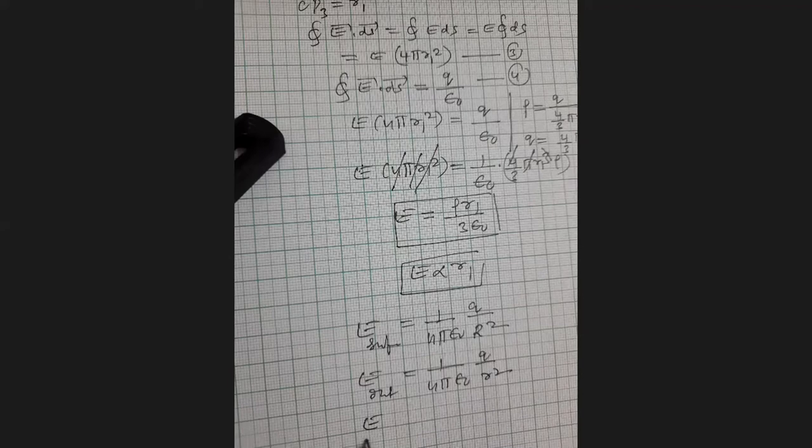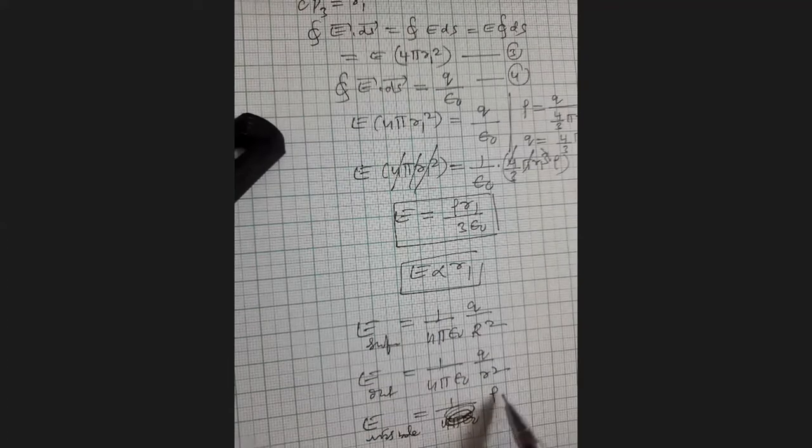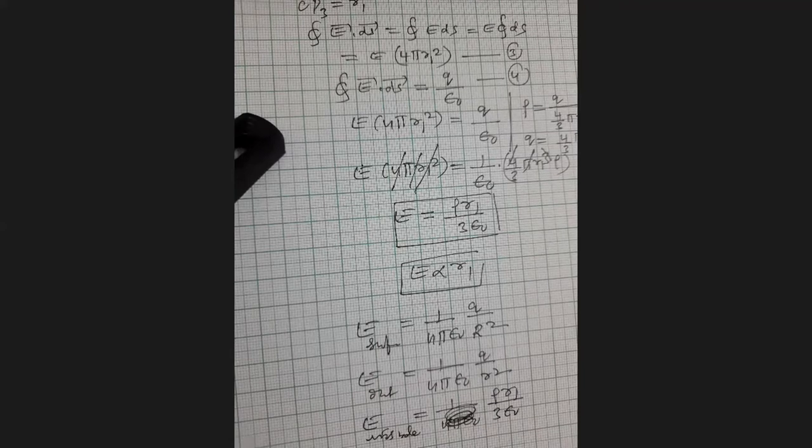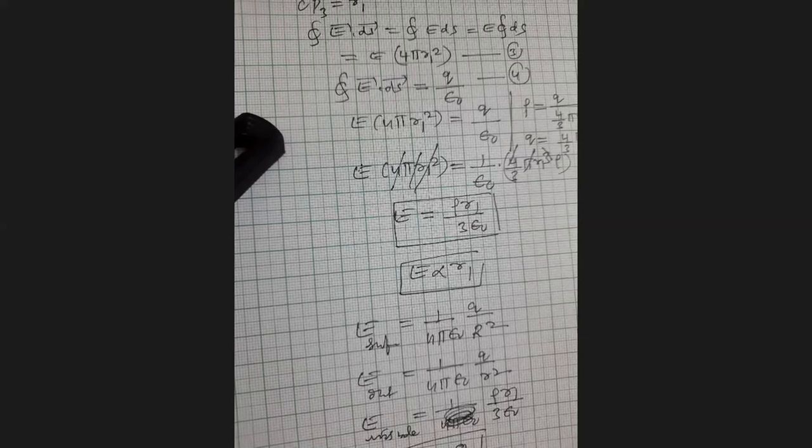Field strength at a point inside the sphere is rho r1 by 3 epsilon naught. At the center of the non-conducting sphere, since r1 equals 0, this value will become 0. Electric field strength at the center of a uniformly charged non-conducting sphere is always equal to 0.